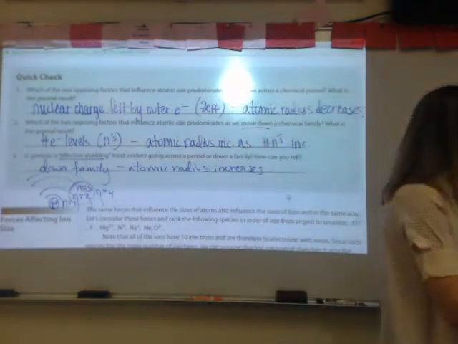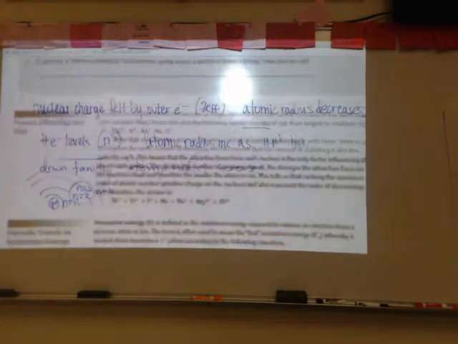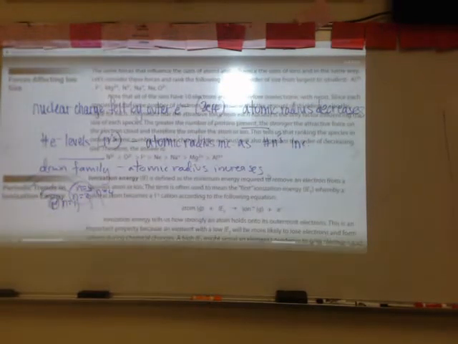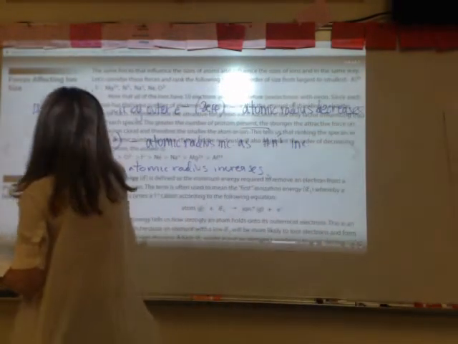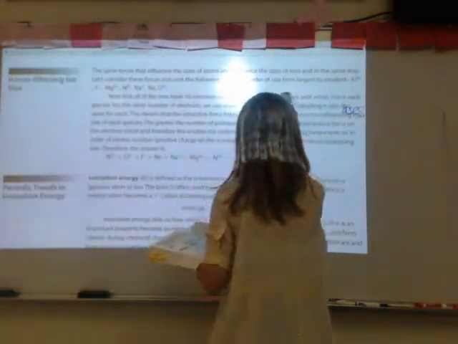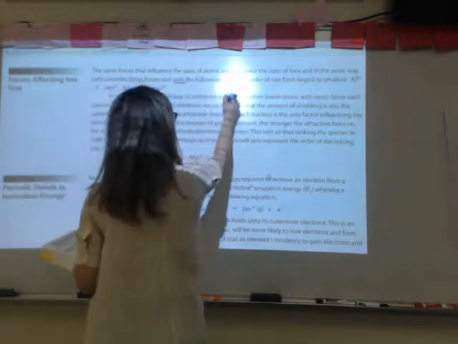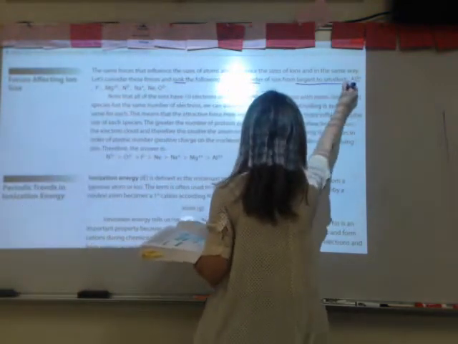If you take a look at forces affecting ion size down here, they want us to rank some ions in order from largest to smallest.